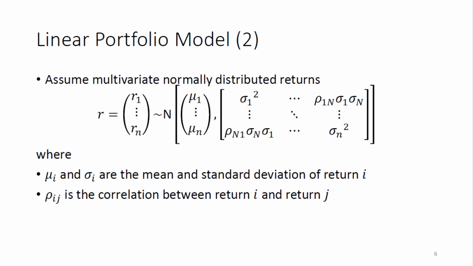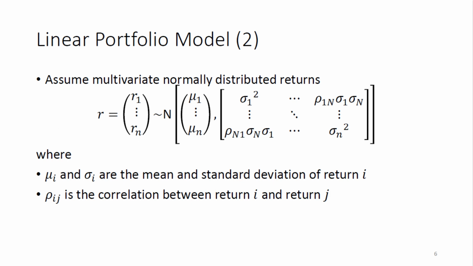That's also why we refer to the linear portfolio model as the variance covariance matrix model. It includes the movement of the individual assets, which are on the diagonal, represented by the variances sigma 1 squared, sigma 2 squared, until sigma n squared. There are also the co-movements included, which are the covariance elements on the off-diagonal entries of the covariance matrix.